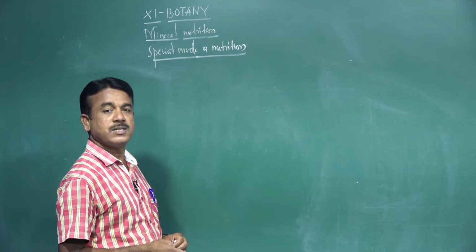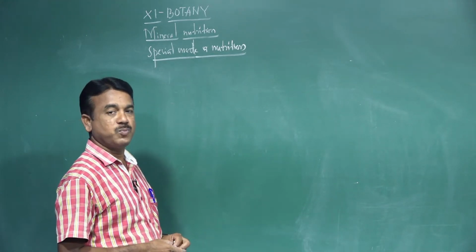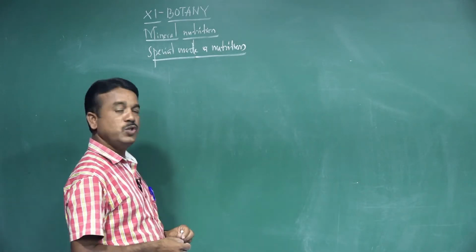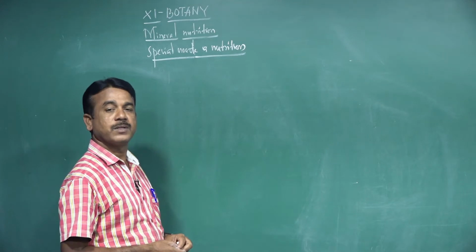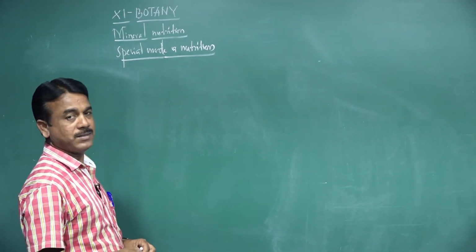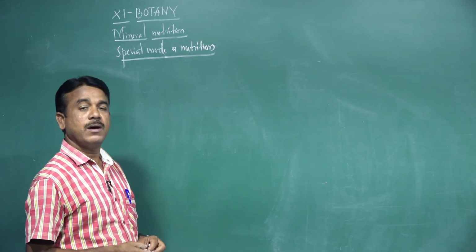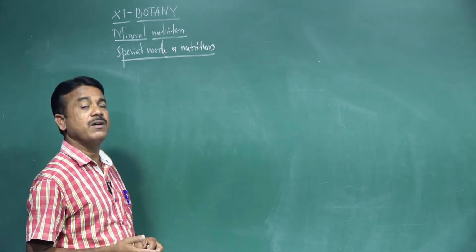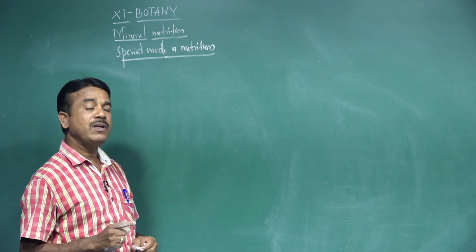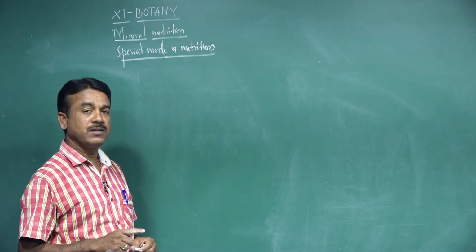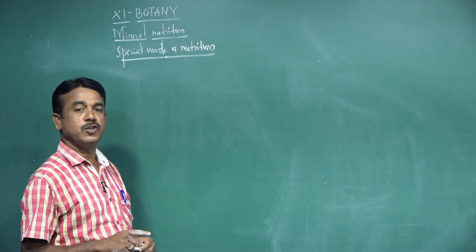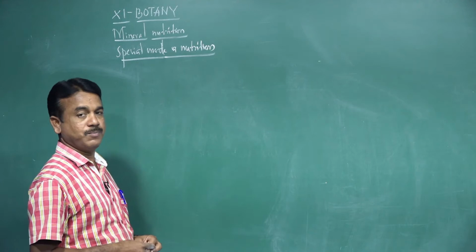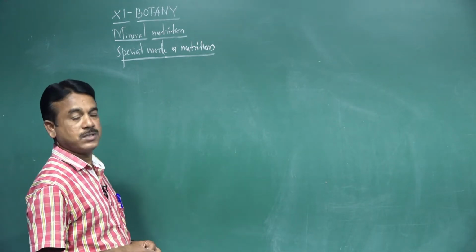You know that several processes like respiration, photosynthesis, and transpiration exist, and nutrition is also one of the important processes. It is commonly called the uptake and utilization of nutrients by living organisms. All living organisms need nutrients to survive. So the uptake and utilization of nutrients by living organisms is called nutrition.